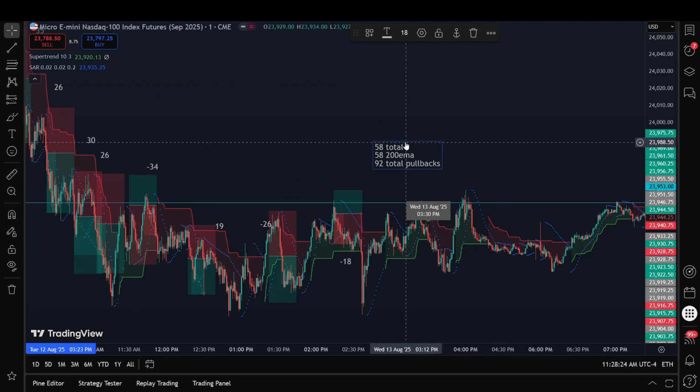All right, so 58 points, 58, and then look at this. Because we got rid of some big losses and we kept most of the wins, the total pullbacks was even more, 92 points. Very good.